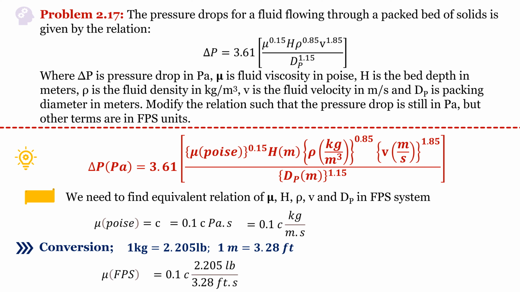Now mu in FPS will become equal to, so we have converted kg into lb and meter into feet, and in place of the constant c we can write mu in poise. So from these equations we get mu in FPS equal to 0.0672 mu in poise.